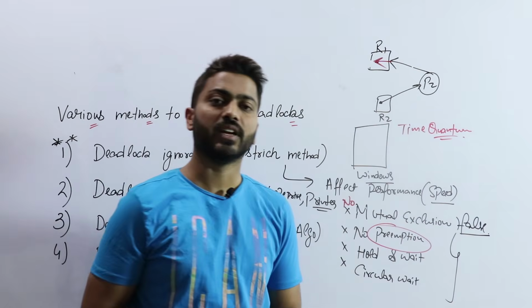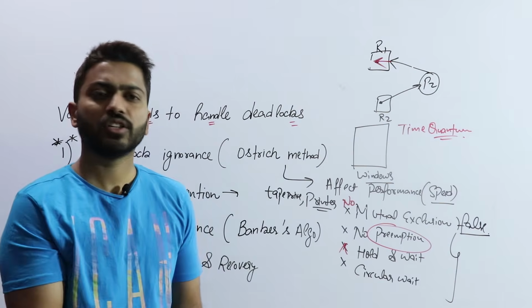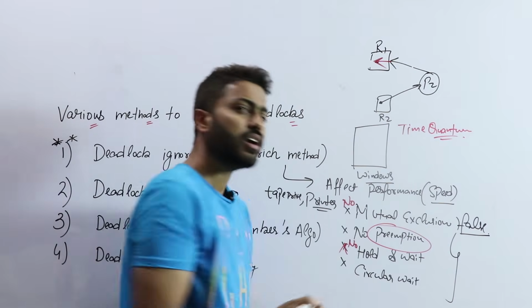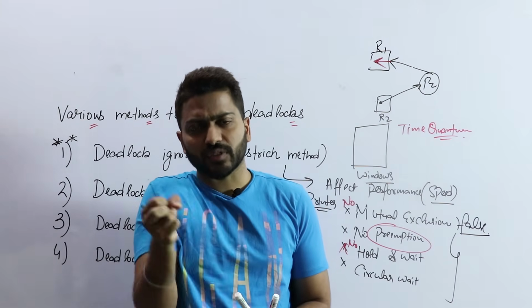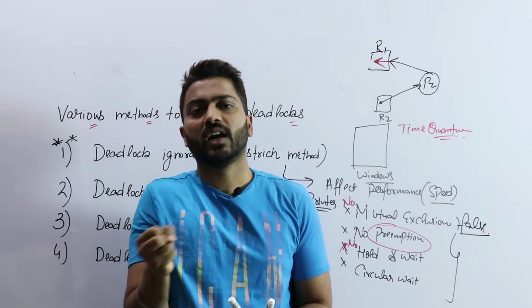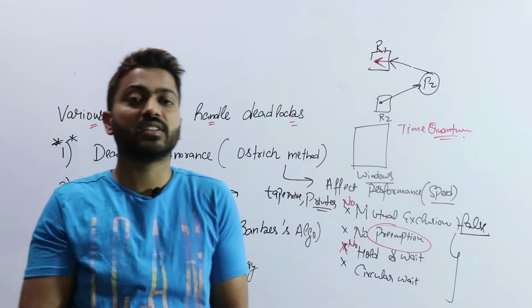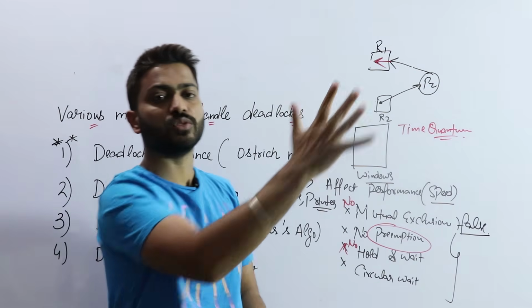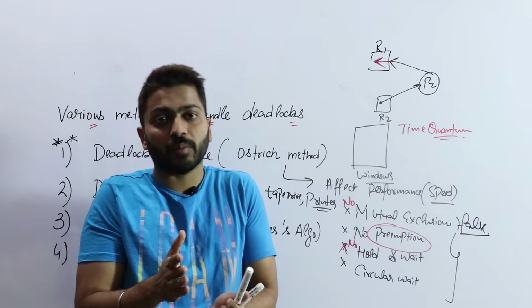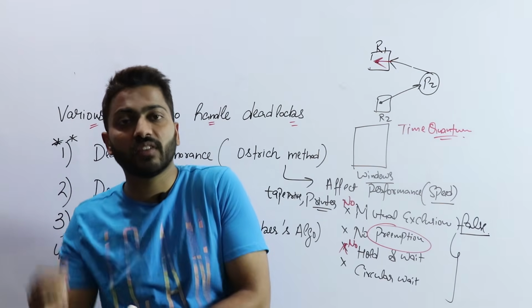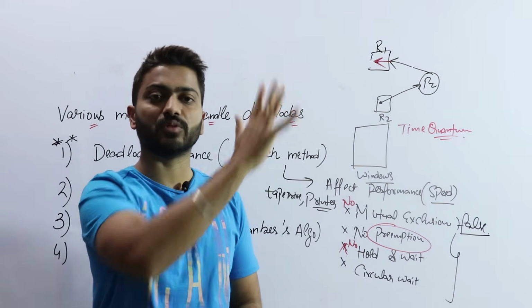Third, hold and wait. Again, we are trying to negate it, to make it false. Means there should be no hold and wait. How to make it no hold and wait? If a process comes and says, I need 3 resources, before the process gets started, I will give all the resources it demands to that particular process.